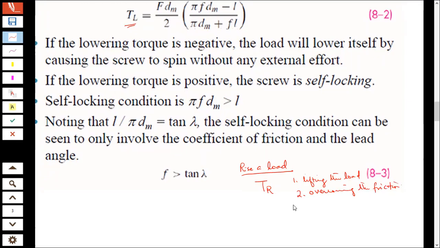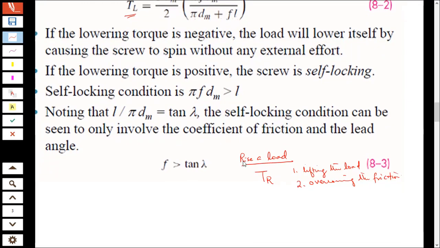Now, if you want to lower the load, what is your T L for lowering the load used for? That is used for just one purpose, and that is to overcome the friction, because the load is going to come down by itself.